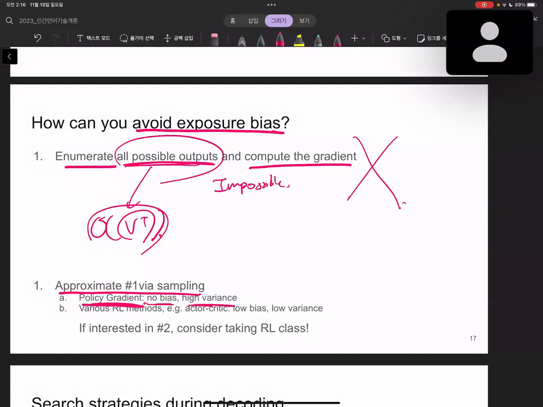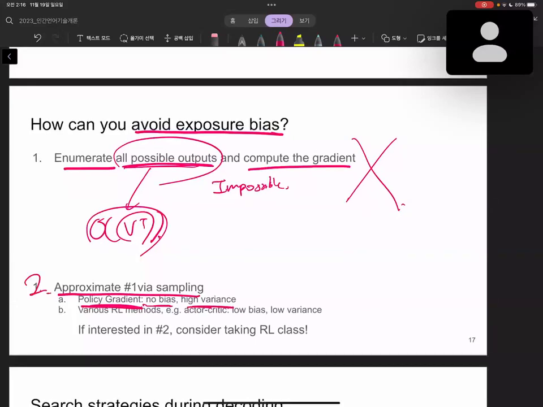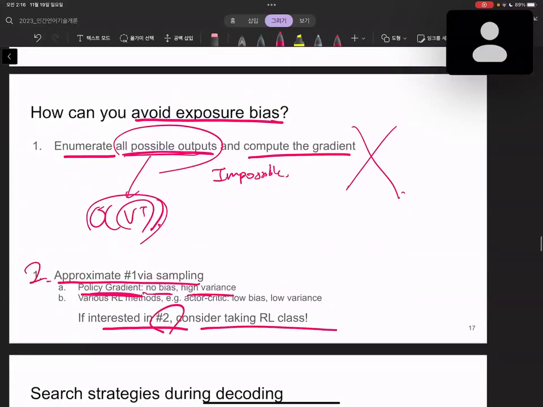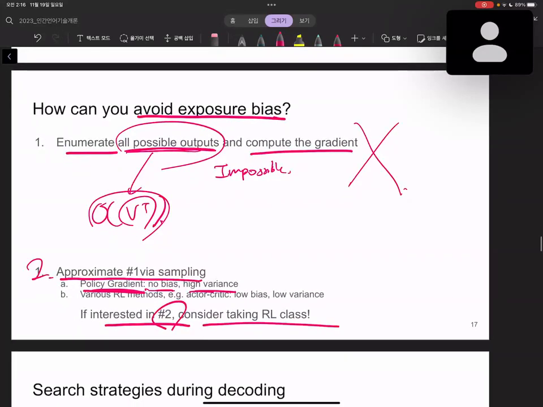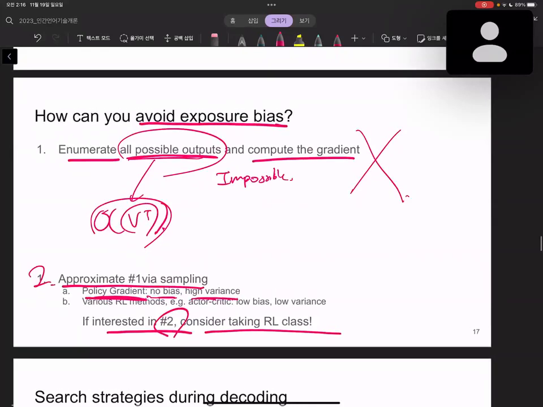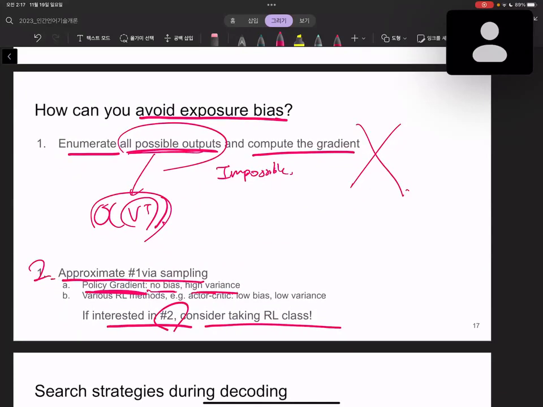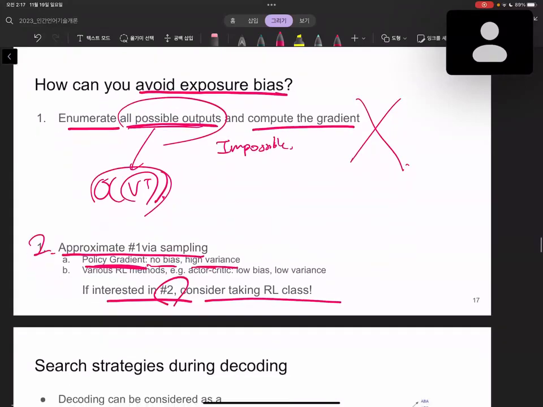So if you're interested in this second approach, consider taking a reinforcement learning class. This is a very different approach. So we do not cover this reinforcement learning part here in this class.